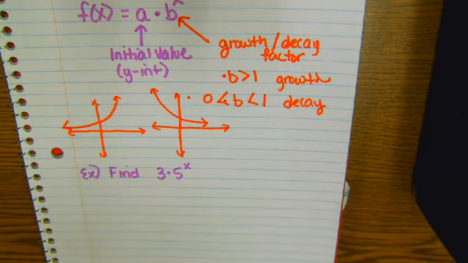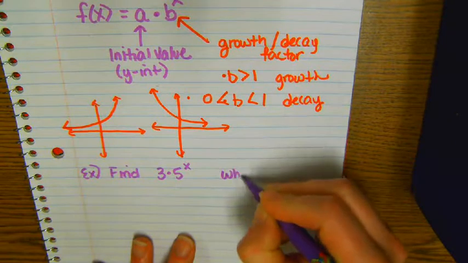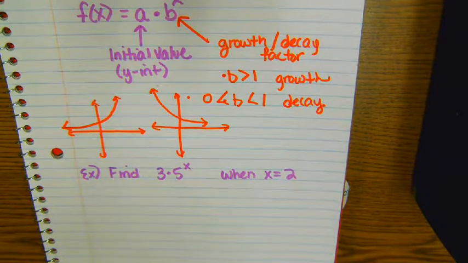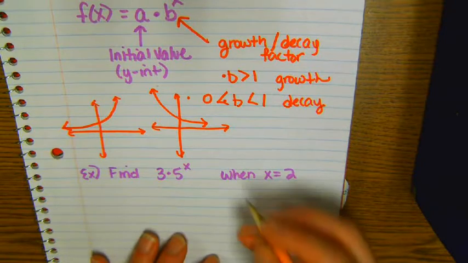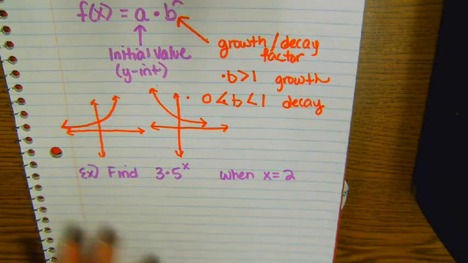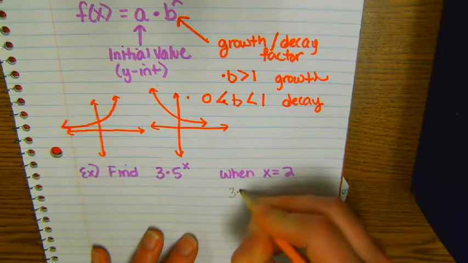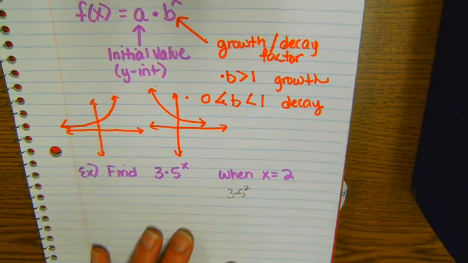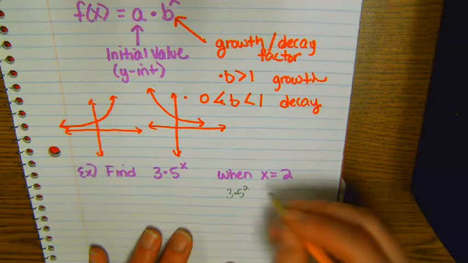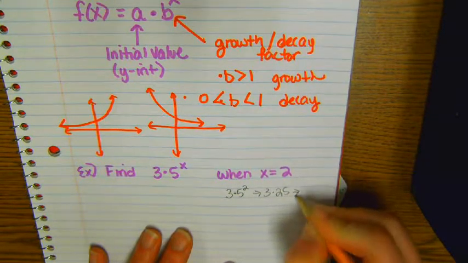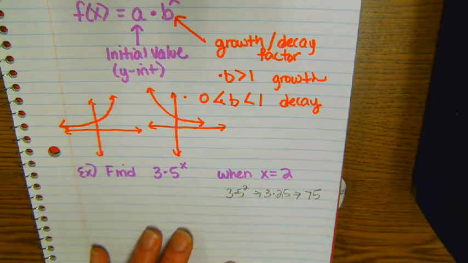Let's find that when x equals 2, and we're going to practice some of that multiplication. I know it's kind of early. So that would mean 3 times 5 squared, which is 3 times 25, which is 75. Okay, so that's how we evaluate them.